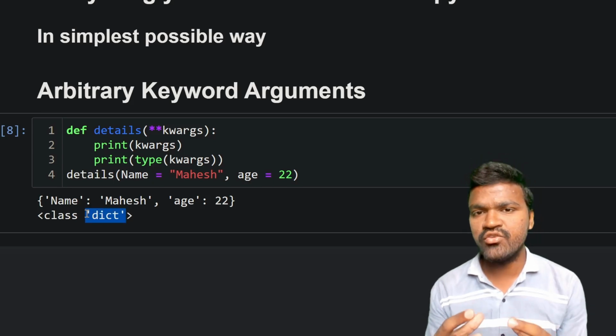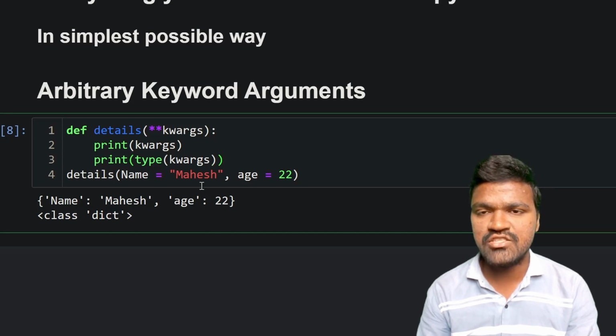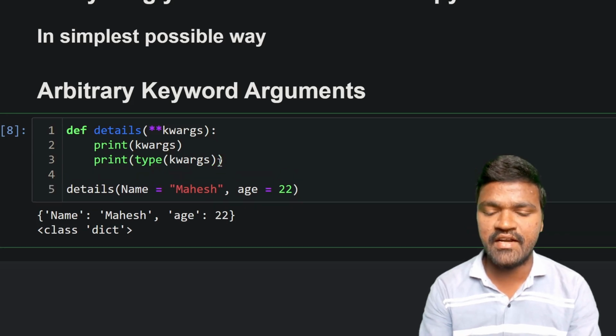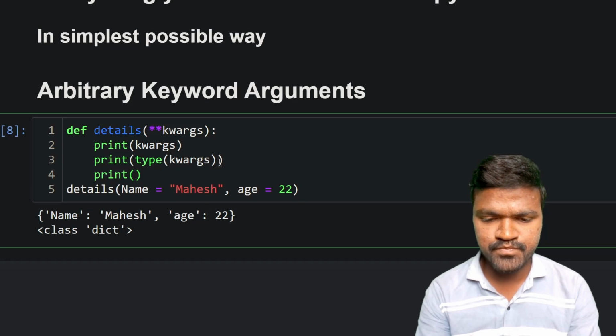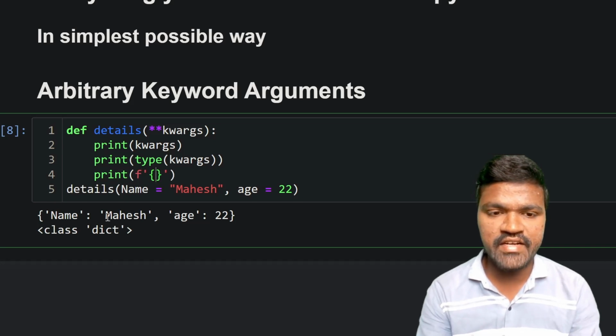Now inside this function I will format these values so that it will be very clear. If I print here, I am getting name, right? So now I will take an f-string here and take the key.